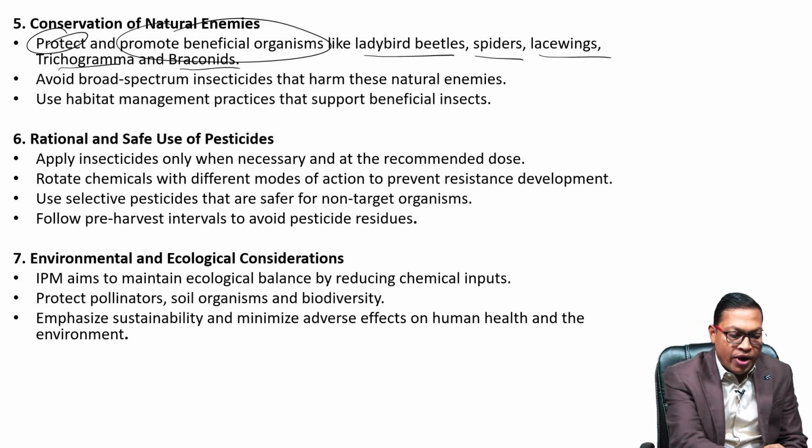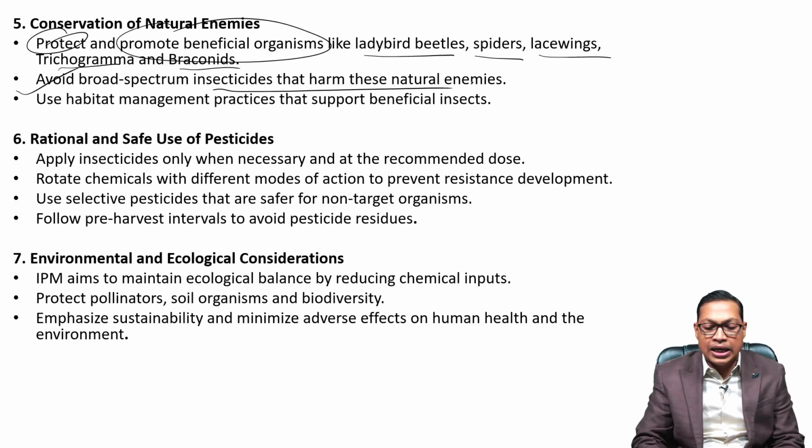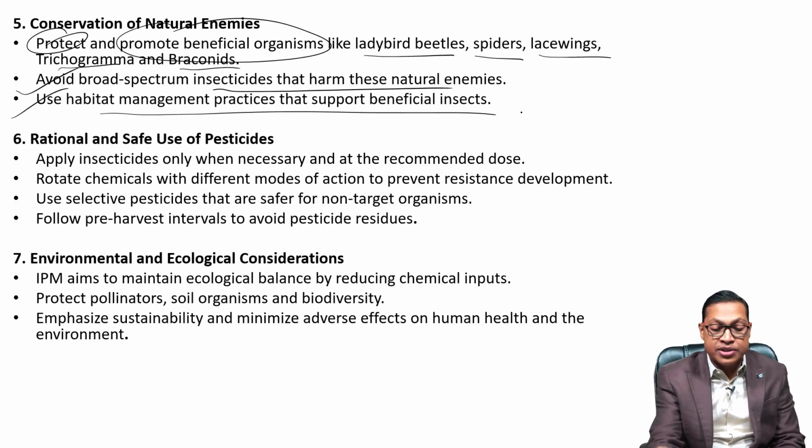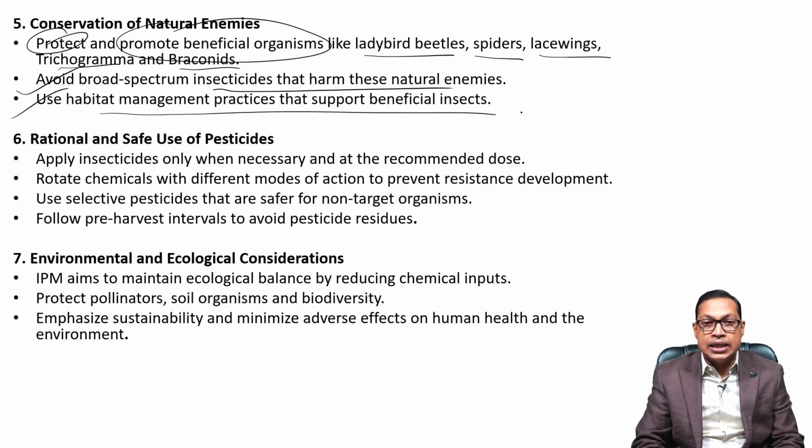We avoid broad-spectrum insecticides that harm our natural enemies, and use habitat management practices that support the beneficial insects. So, we have to keep the population in a good manner by using a lesser amount of insecticides, and we have to support the beneficial insects in our environment, near the crop canopy.